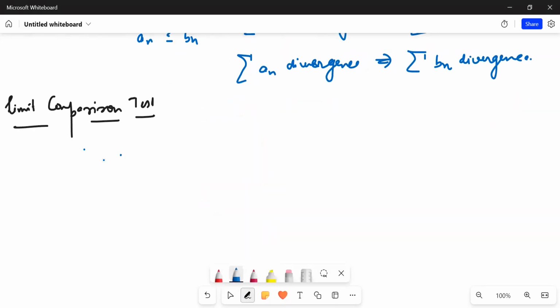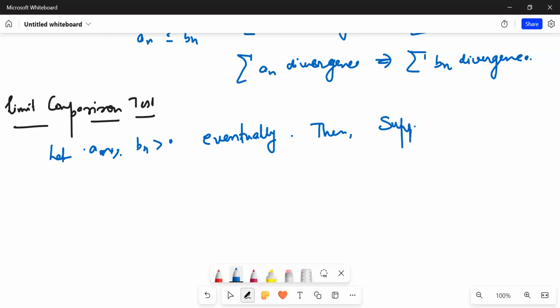If an and bn are greater than 0, even eventually also, like if for some finite number of terms they are not, then eventually if they are positive, then suppose an upon bn converges towards L, okay?